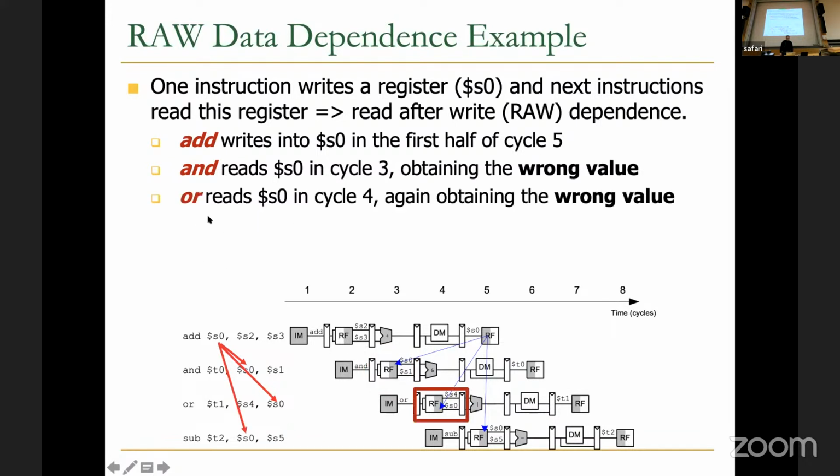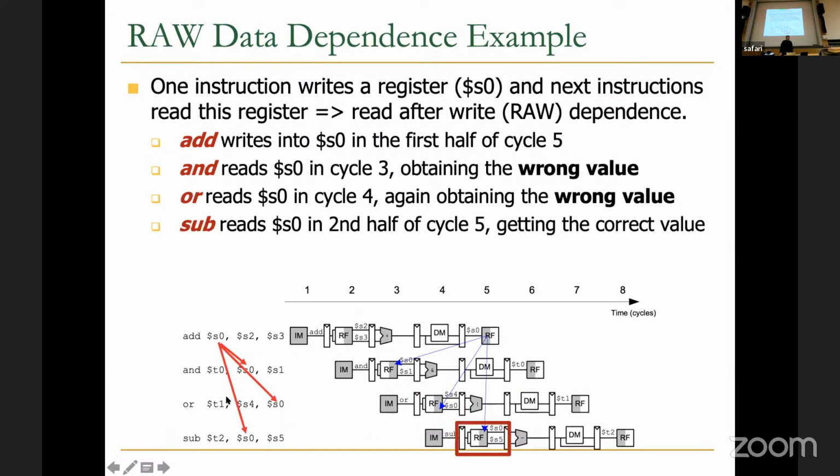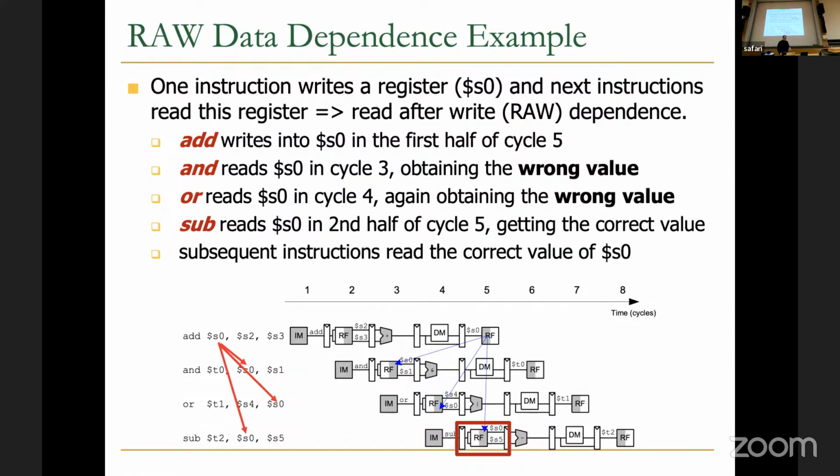An OR instruction needs to read this data in cycle 4, and this is also going to be a wrong value. The subtract instruction needs this value in the second half of cycle 5, and it's going to be the correct value. So in order to make this code correct, we have to add 2 no operations after the add and AND instructions, or insert 2 bubbles.